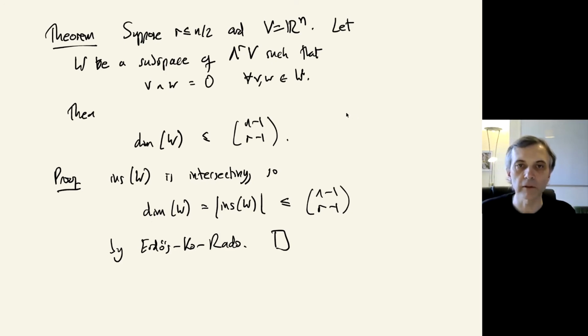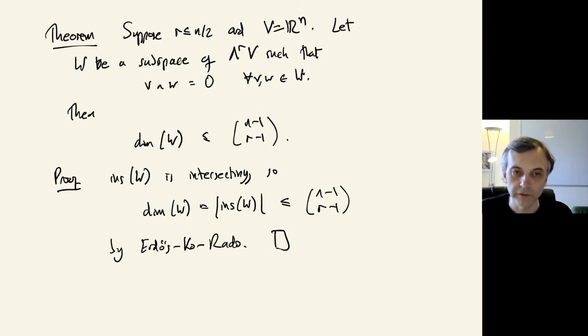Okay, so we've got a subspace of the r-th exterior power such that every pair has wedge product 0. And we claim that the dimension is at most n-1 choose r-1. Okay, well, we know that the initial sets, so the initial hypergraph for W, so everything we get by taking initial sets, must be intersecting, gives us an intersecting hypergraph.